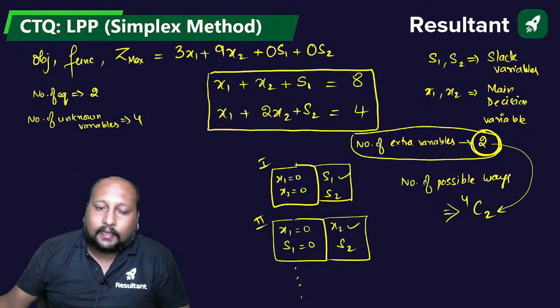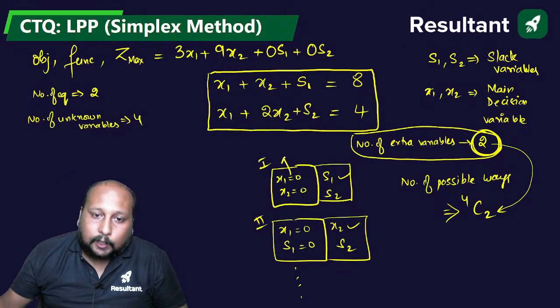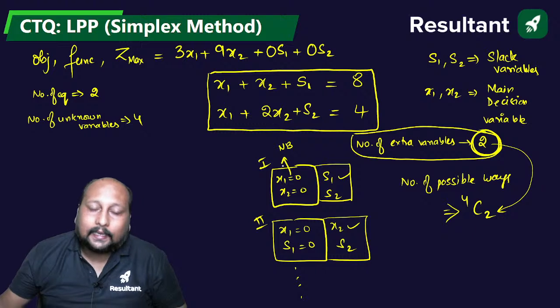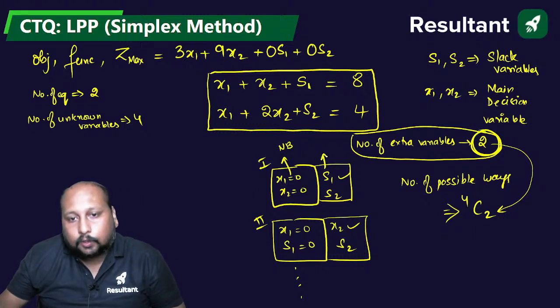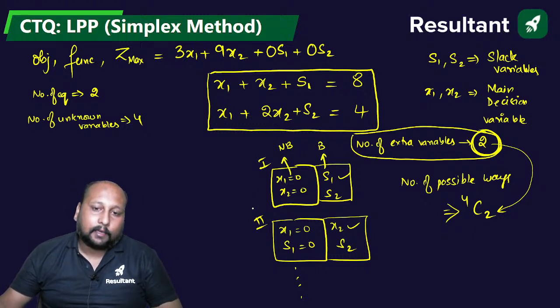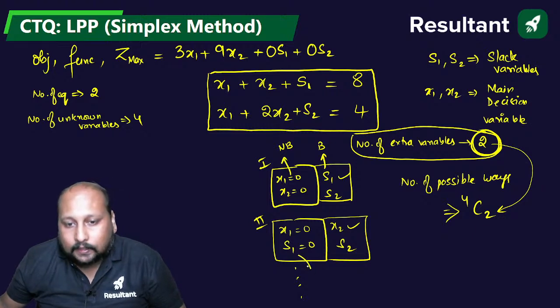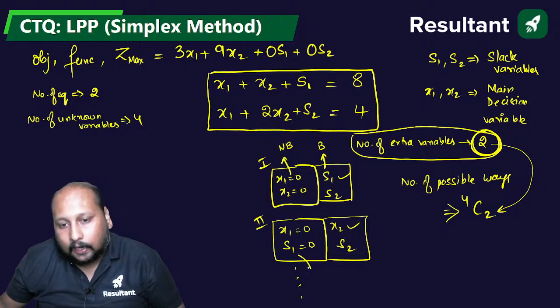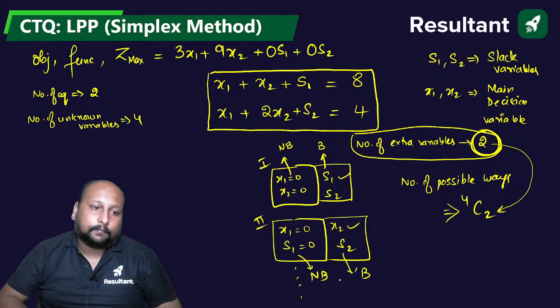Now, in this particular example, x1 and x2 I am taking as non-basic. S1 and S2 will be called basic variables. Here x1 and x2 are called non-basic variables, and S1 and S2 will be called basic.